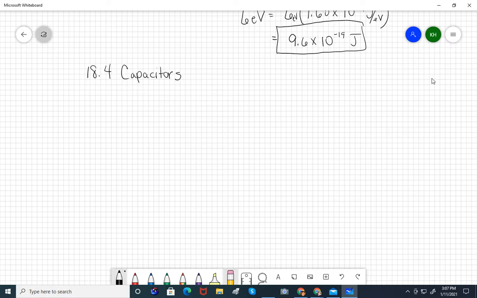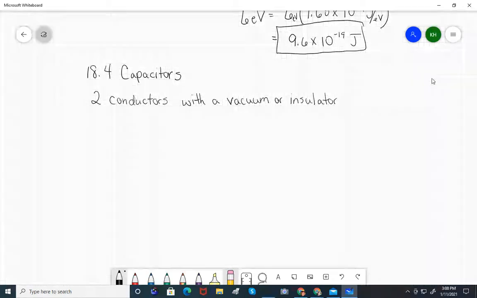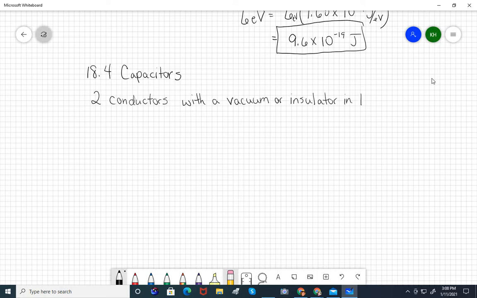Pretty much all capacitors consist of two conductors with a vacuum or an insulator in the middle.